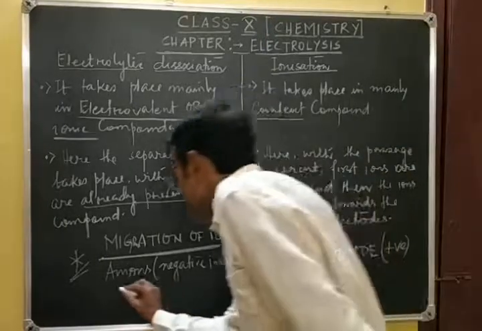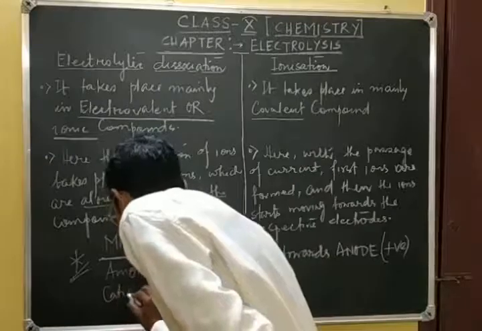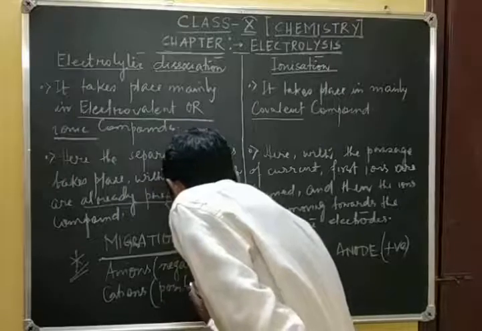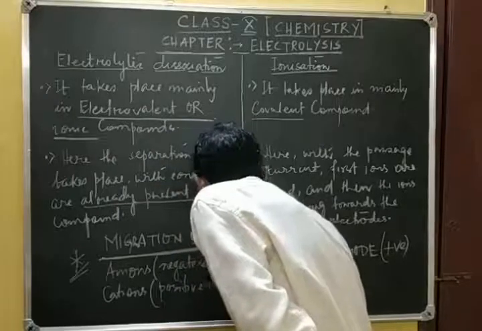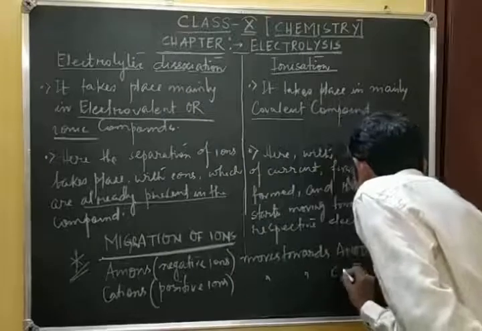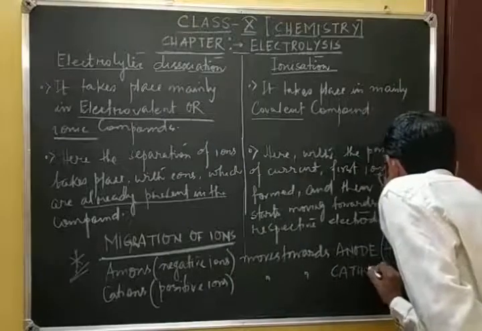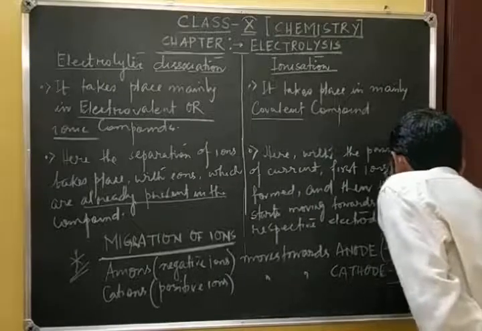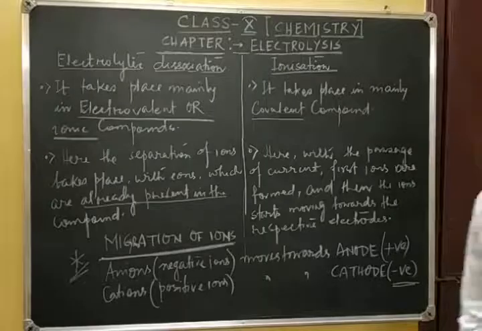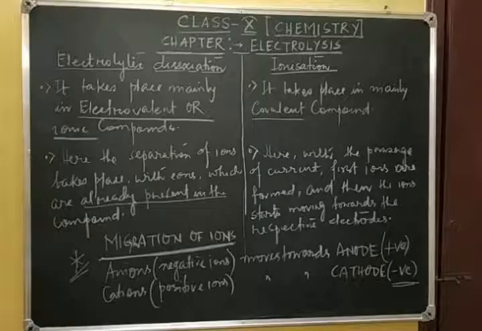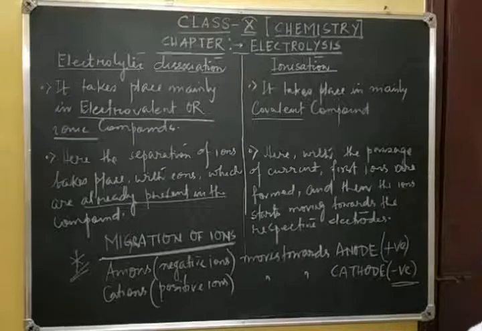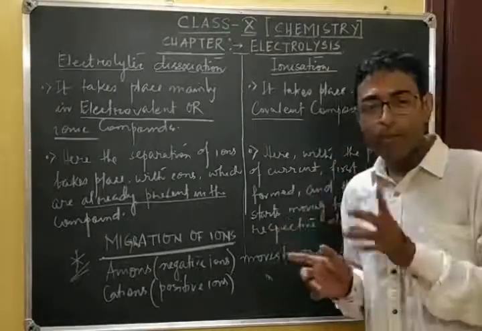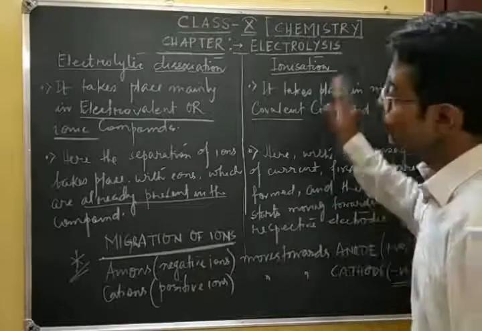And cations are positive ions. Positive ions move towards the cathode. Cathode is negative. So keep it in mind, this is a little bit of theory portion. We will gradually enter into the electrolysis of a few compounds that will be there in your ICSE exam. But for conceptual questions or 1 mark, 2 mark questions in Section A, you require this one.